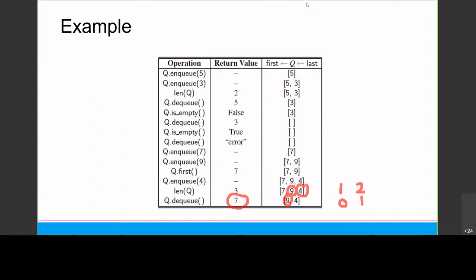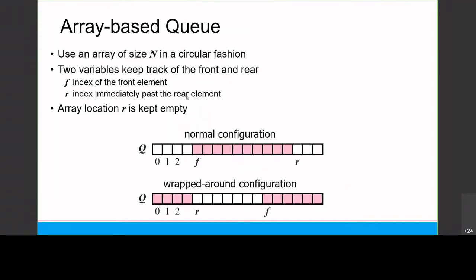In order to fit with the size, we can make the circular fashion. Now we have the F here, and then the R is empty, and suppose this is the Q. If we remove the element in index 0, then we update the F. Maybe the first F equals 0. When we remove it, we change F, now it becomes 1.